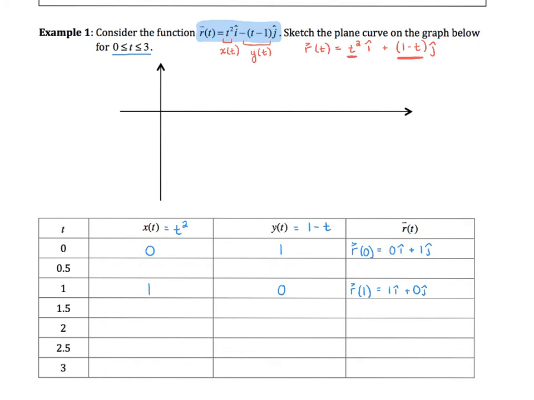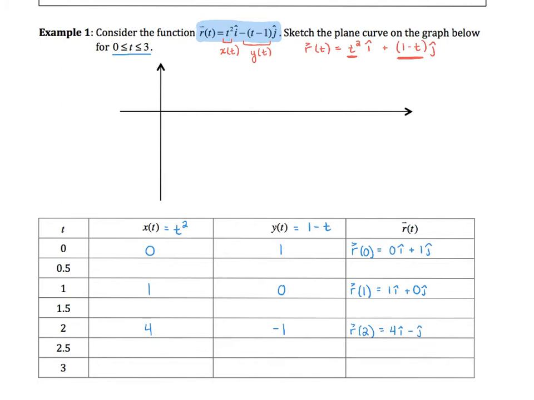And then when t equals 2, x will be 4 and y will be negative 1. So r of 2 is therefore 4 i hat minus 1 j hat.